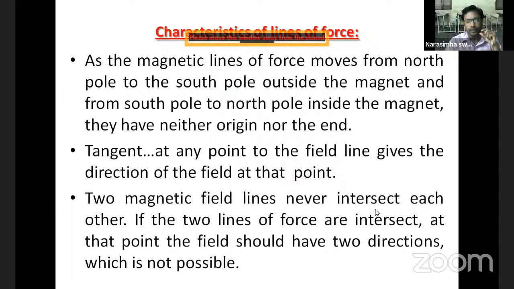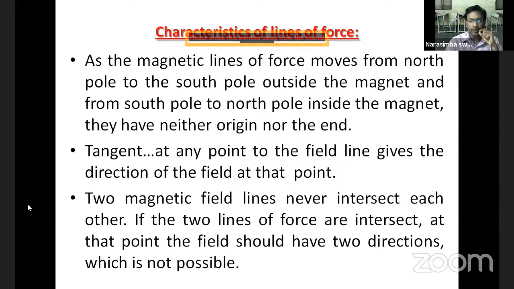These lines of force never cut, merge, or overlap, because they are individual. Those lines of force indicate only the directions, so there is no possibility of intersecting each other. If they intersected, then the magnetic lines of force would have two different directions.